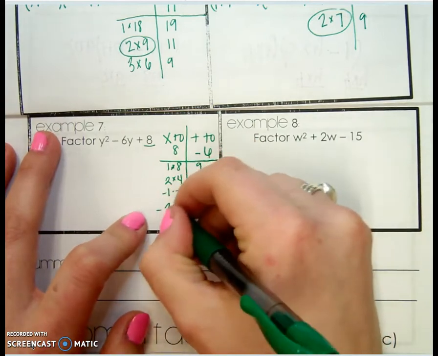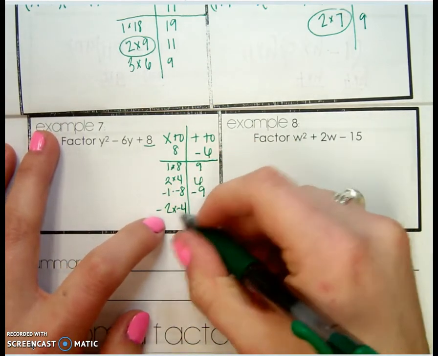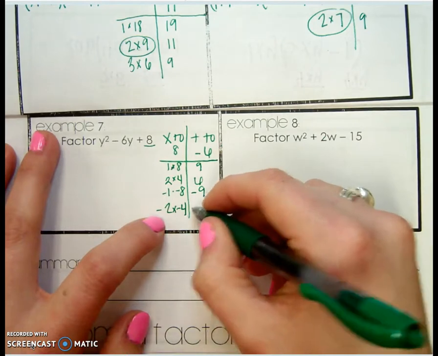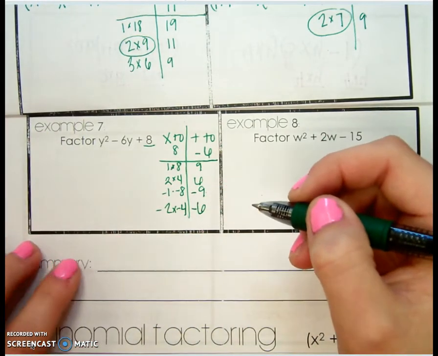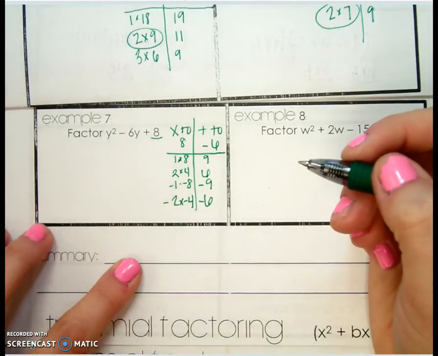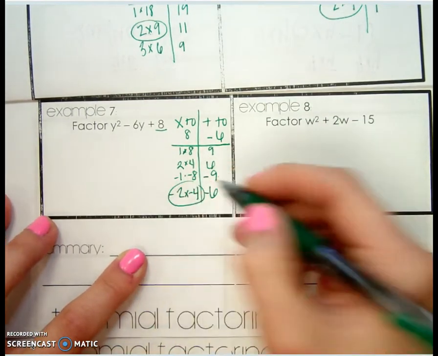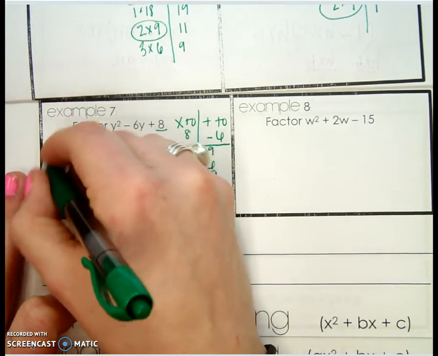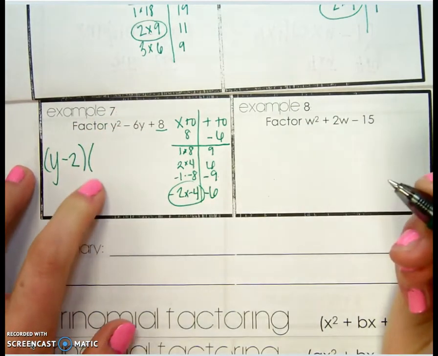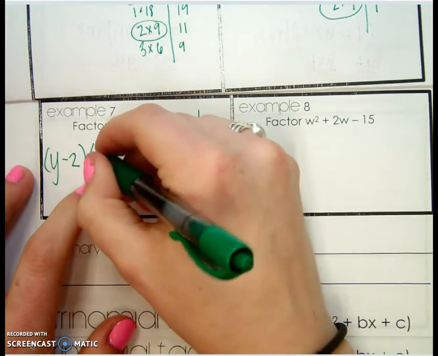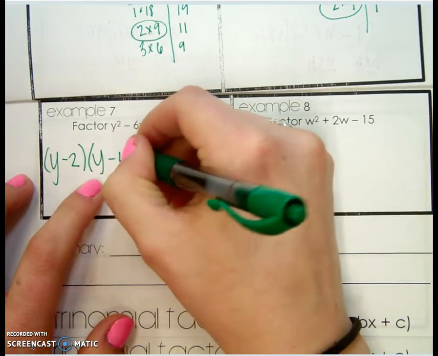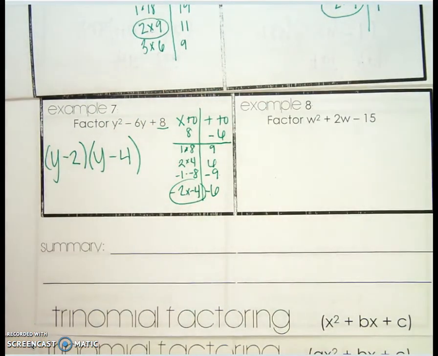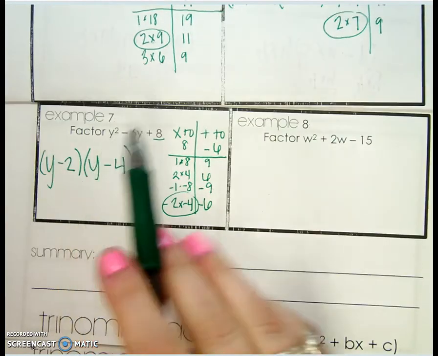And then negative 2 times negative 4 will give me a positive 8, and if I add them, a negative 6. So that's what I'm going to use. I'm going to say y minus 2 times y minus 4. So multiplying those two binomials together will give me that.